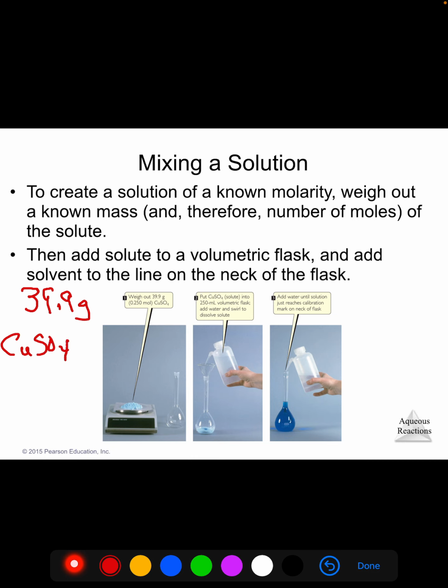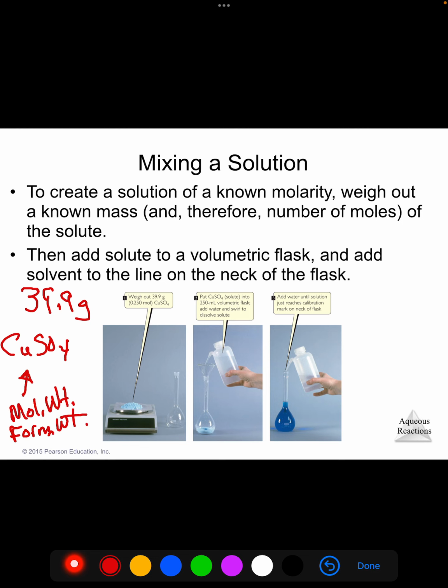So when I weighed out 39.9 grams of copper sulfate, what I needed was my formula weight, or molar mass, or molecular weight, however you want to say it. I'm old, I say molecular weight. I'm supposed to really say formula mass or formula weight because we're talking about an ionic compound. That's a WT. Let me go back and fix that and make it neater.